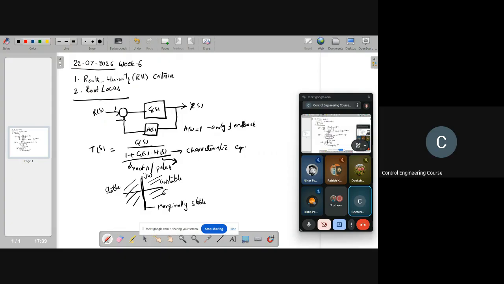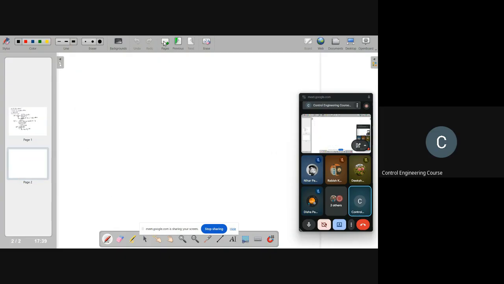So, how do you calculate the roots of a given polynomial? If it is a first order system, that means the characteristic polynomial is of order 1, then directly equate it to 0. If it is a second order system, you have the closed form formula: minus b plus or minus square root of b square minus 4ac, divided by 2a, right?